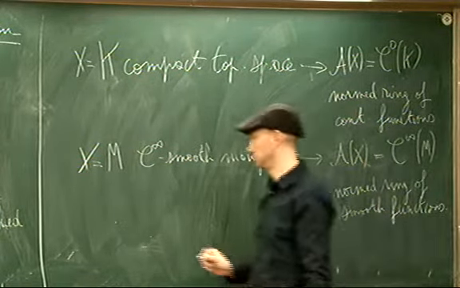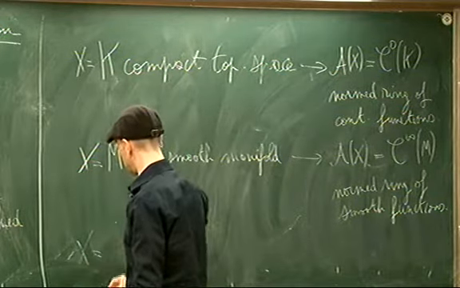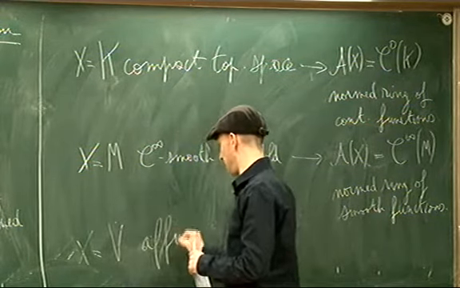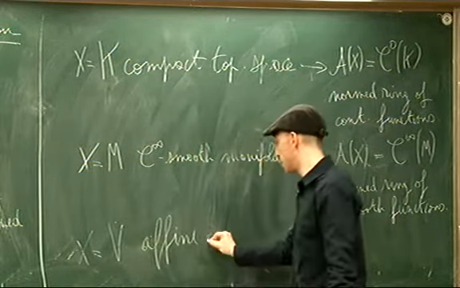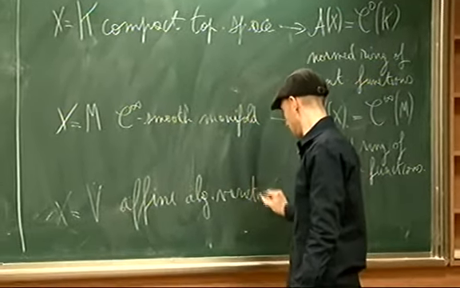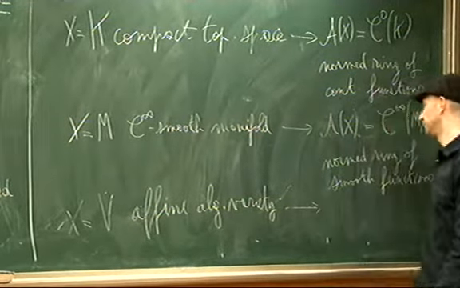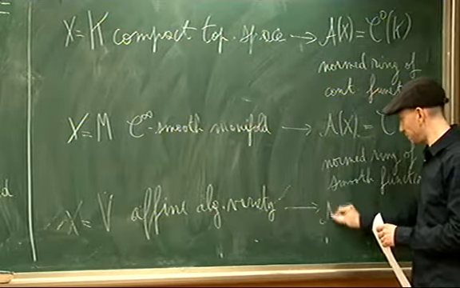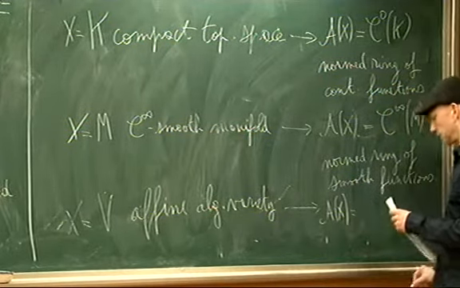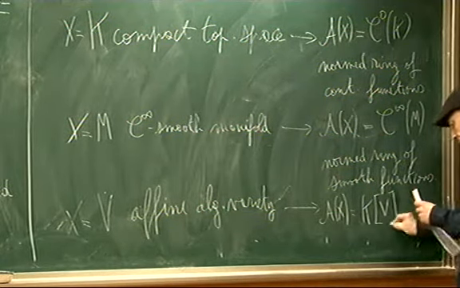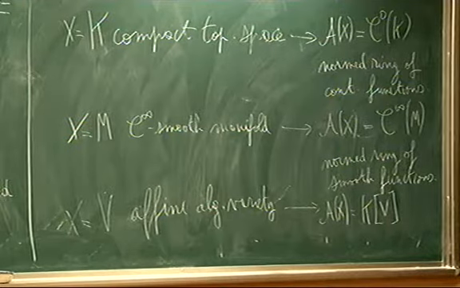Let me take another example. When X equals V, an affine algebraic variety, then also in this category it is very classical to associate A of X, which in this case is denoted K of V. This is the algebra of polynomials on the variety.